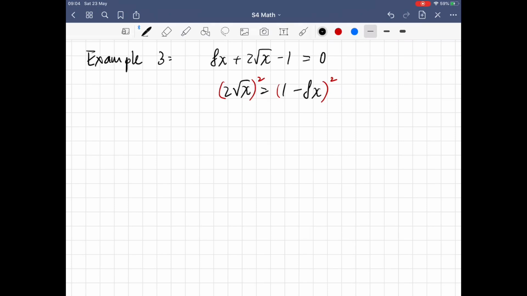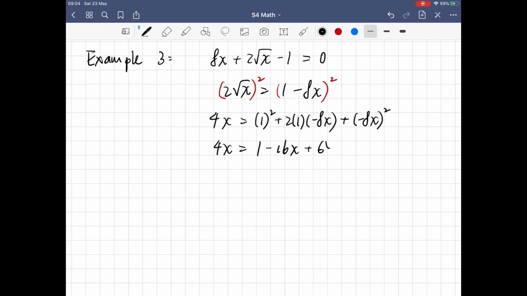For the left hand side, it will become the square of 2, which is 4, and the square of the square root of x equals x. And for the right hand side, we have a squared plus 2ab plus b squared. And we have 4x equals 1 minus 16x plus 64x squared.